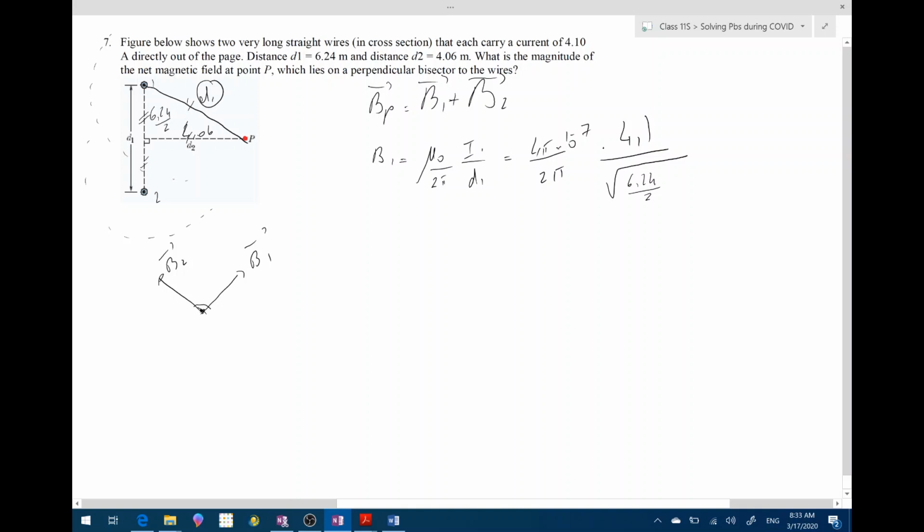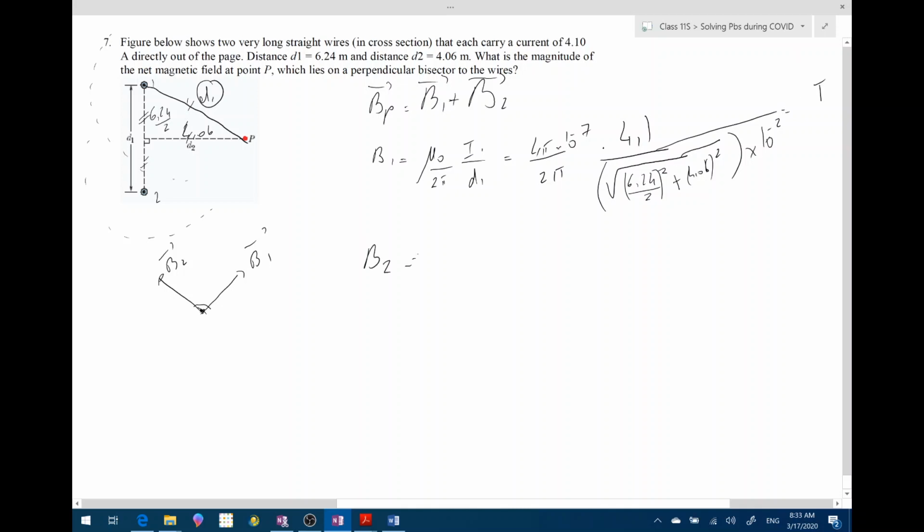Remember, that is in centimeter. That would be squared, plus the second distance, 4.06, also squared. And all of this I have to change into centimeters, or you just grab a calculator and do the math. It would be way easier. And then that would be in Tesla.